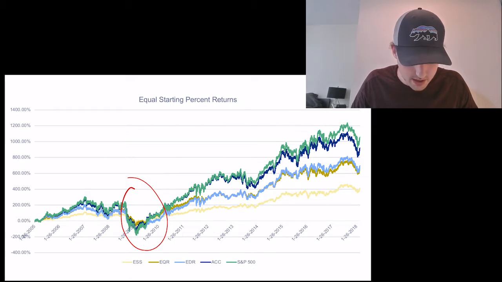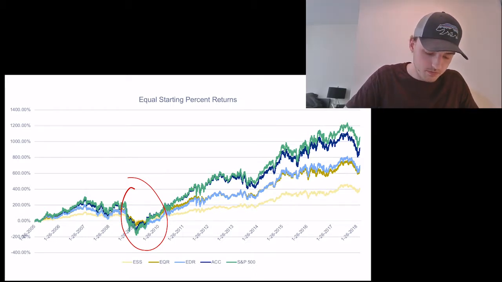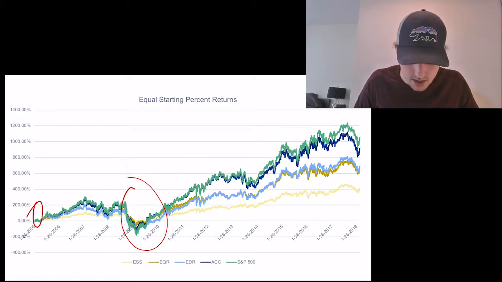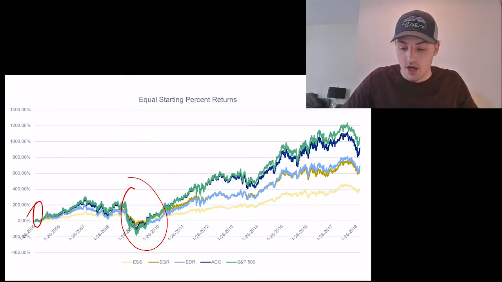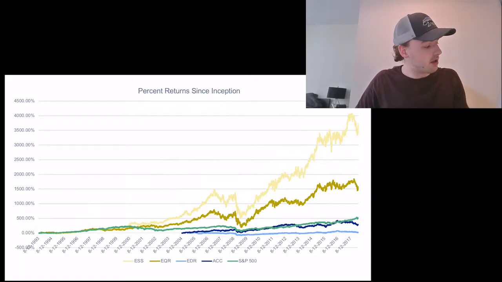The big thing that we want to look at, from 2005 as a starting point for percent returns, is that all of these funds saw dramatic shock during the crisis, and we'll continue to get a little bit more into that.